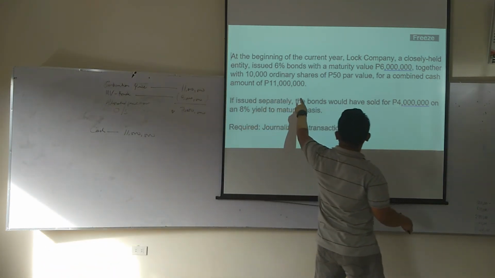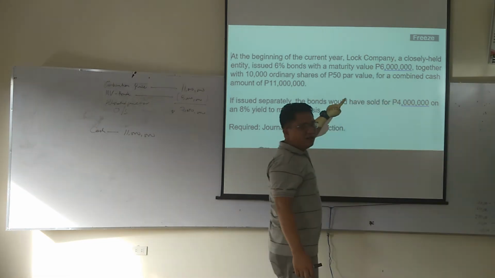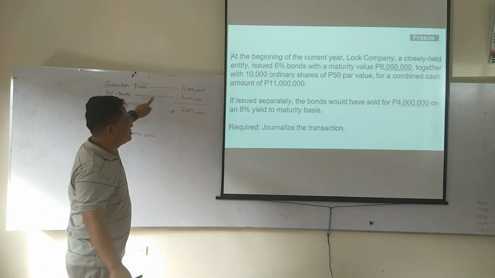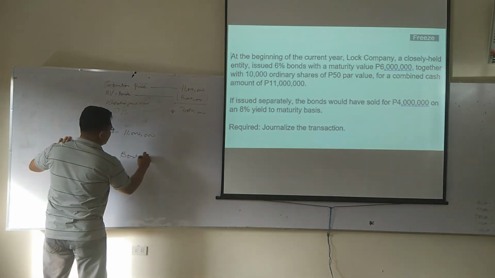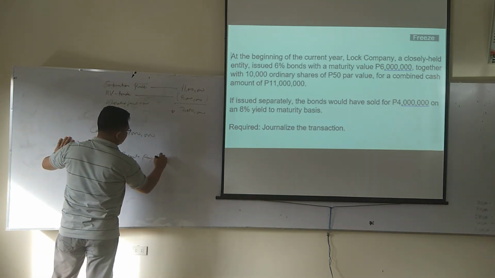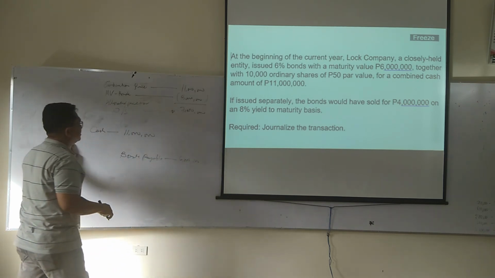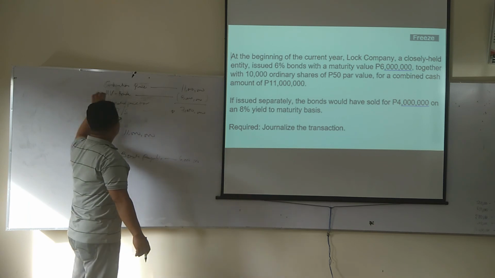Bonds with a maturity value of 6 million, so credit bonds payable 6 million.